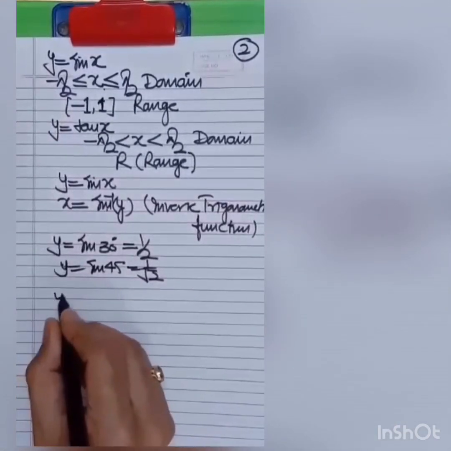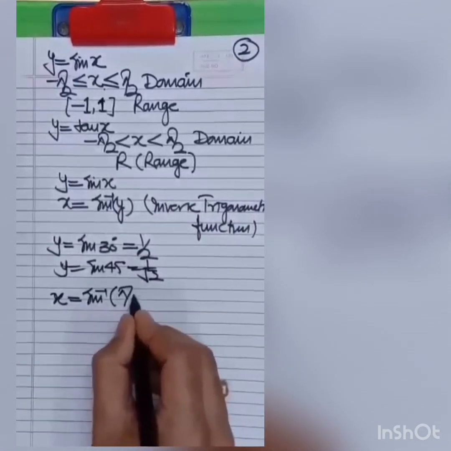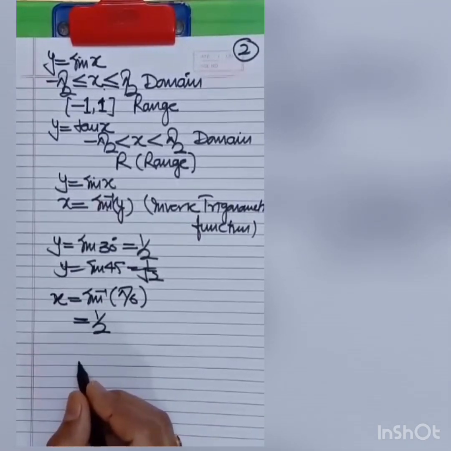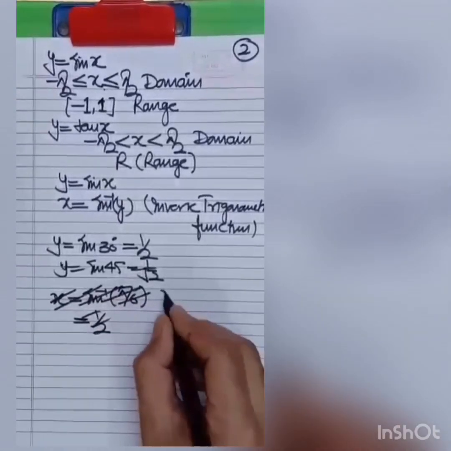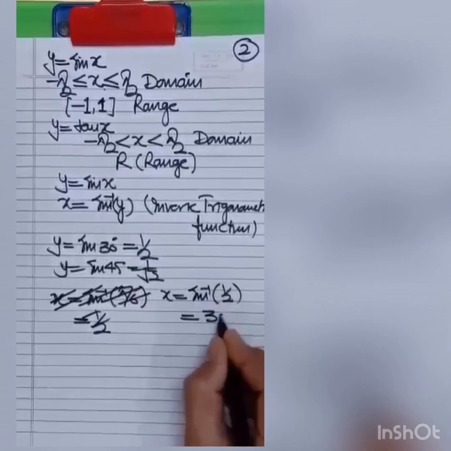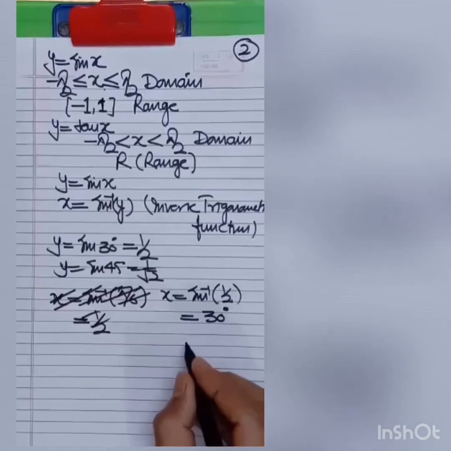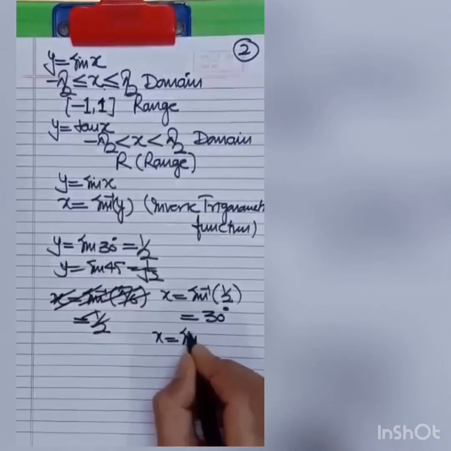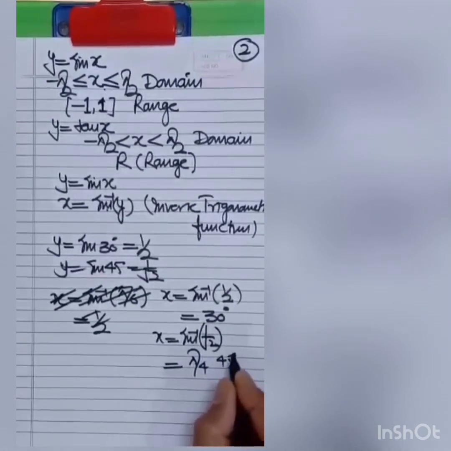Now in case of an inverse trigonometric function, if we put the value half, then we get the angle 30 degree, that is pi by 6. Similarly, if you put the value 1 by root 2, you will get pi by 4, that is 45 degree.